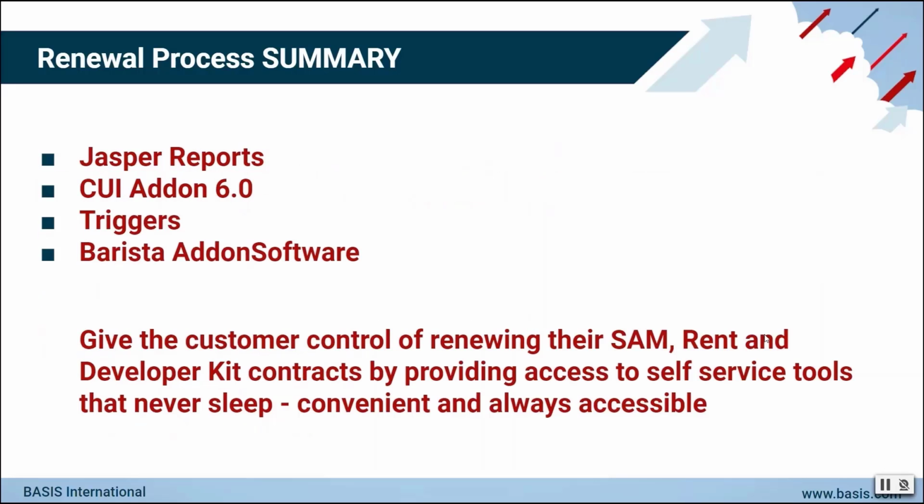Jasper reports for rendering the invoices, CUI 6.0 for providing backend services to the process, triggers for moving data back into the Barista AddonSoftware and keeping those two ERP applications in sync.